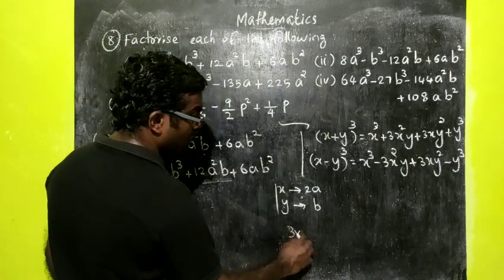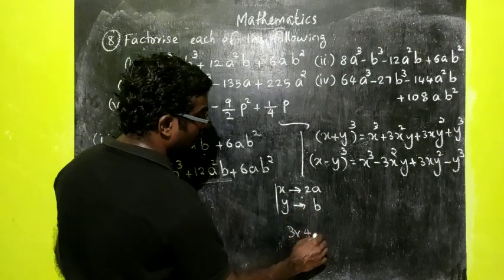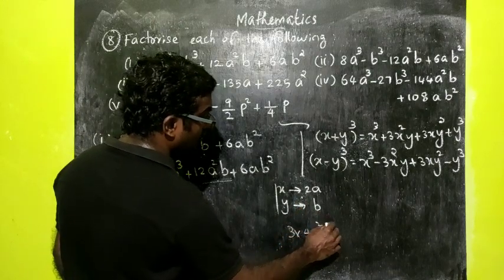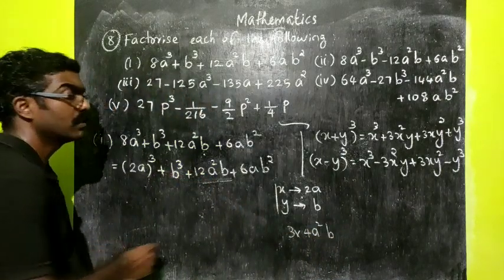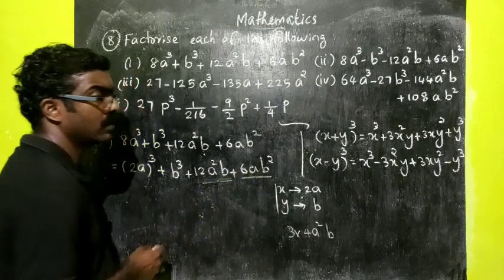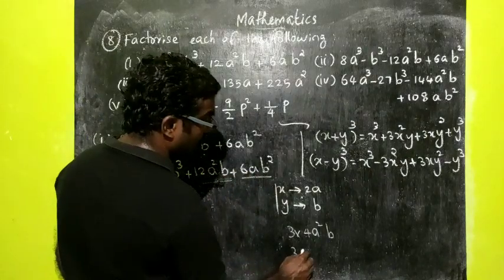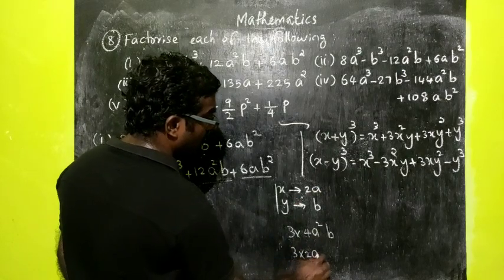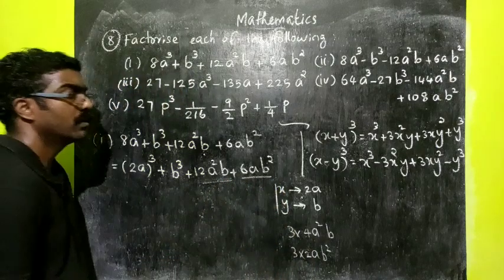So 3 into x, which is 2a, so (2a) the whole square, that is 4a square, into y, and y is b. So 3 fours are 12, 12a square b. Then 6ab square, that is 3xy square: 3, x is 2a, and y square is b square. 3 into 2 is 6, 6ab square.